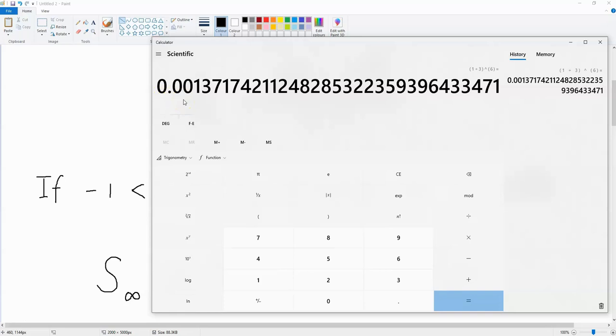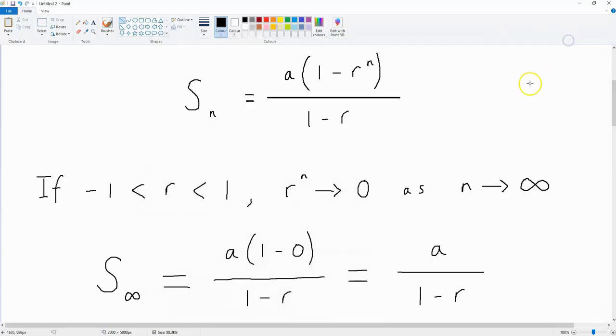So imagine if I was to do 1/3 to the power of 100. I'd get a value that is very insignificant. So this is why we say that if r is greater than -1 and less than 1, r to the power of n approaches 0 as n approaches infinity.